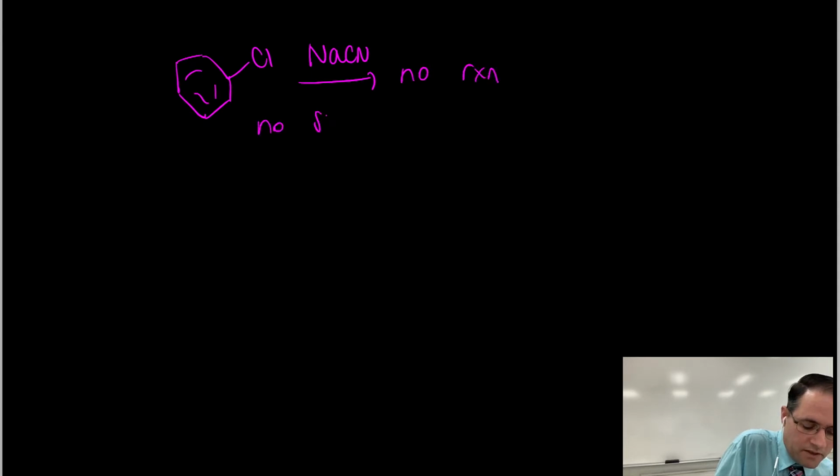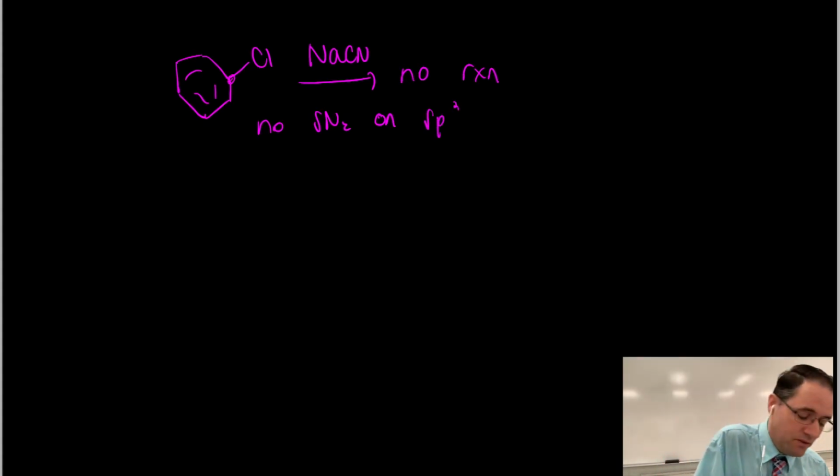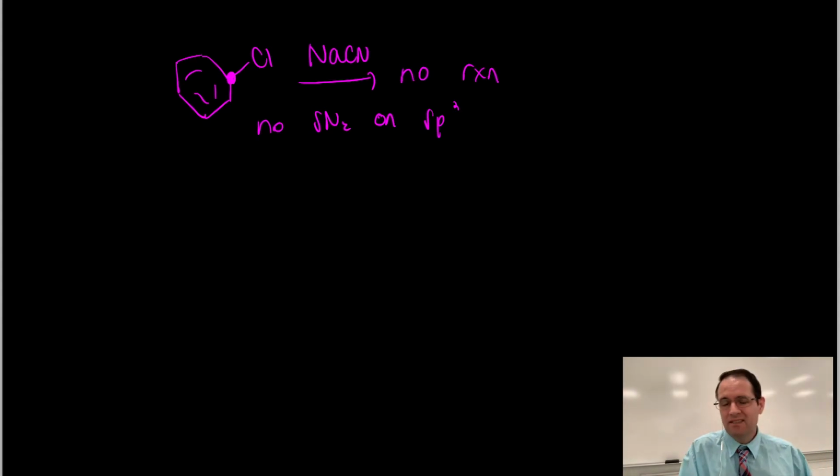The reason why is because there's no SN2 on sp2, okay? The sp2 hybridized carbon here is not geometrically predisposed for an SN2 type, you know, transition state.